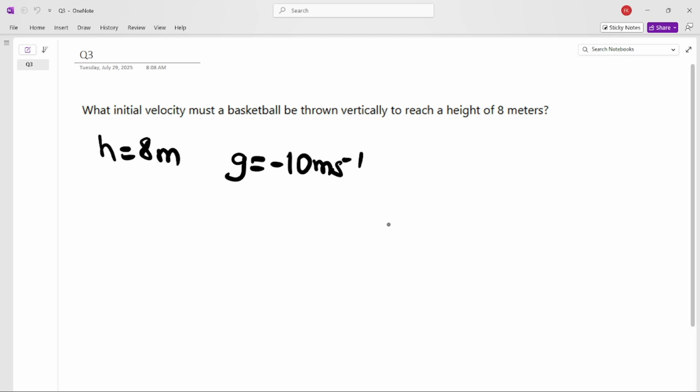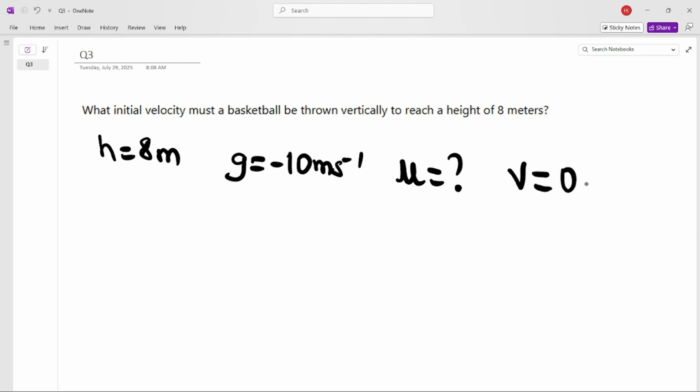We don't know our initial velocity, so u equals not known. Then since the ball is going to head upwards, our final velocity will be 0 meters per second.